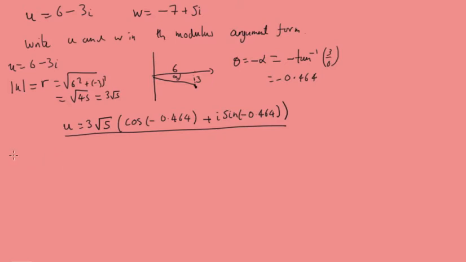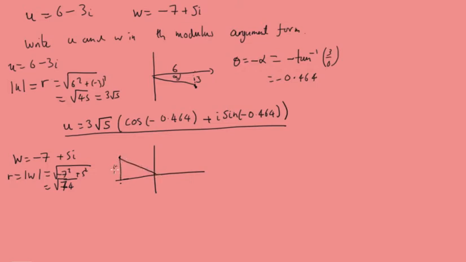Now let's do w. It's minus 7 plus 5i. So r is going to be the modulus of w, the square root of minus 7 squared plus 5 squared, which comes out at the square root of 74. And we'll just leave it as the square root of 74 because it's not going to simplify down nicely. Let's draw this. So we've got minus 7, 5 here.